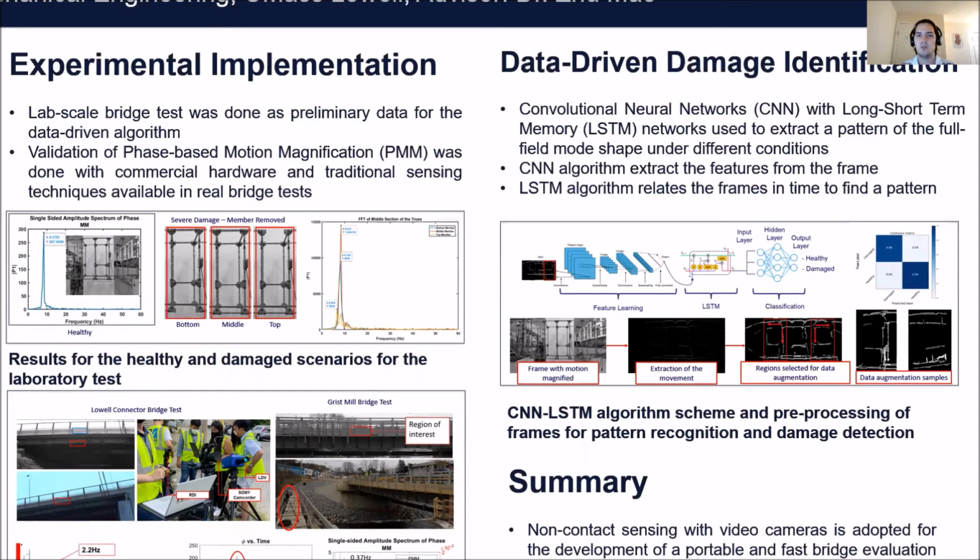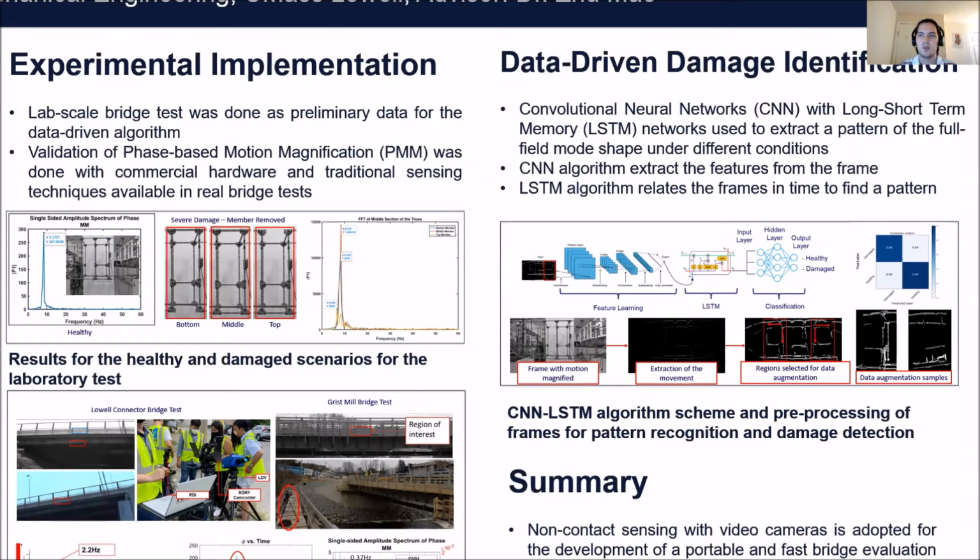We used both convolutional neural networks and long short-term memory networks. We used the convolutional neural network for its great capability of feature learning. Basically, it convolves the frames with many different kernels and tries to extract patterns between them.